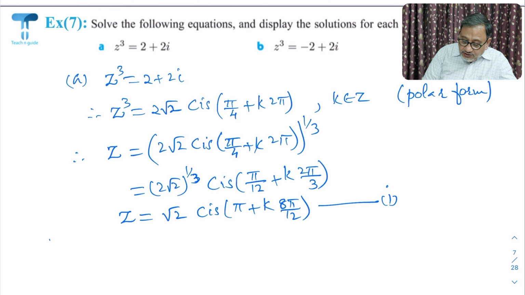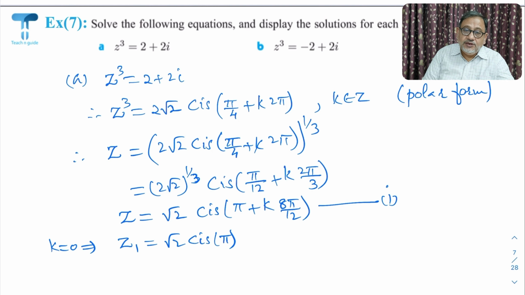Now for k is equal to 0, I will get the first root z1, root 2 cis pi only, and cis pi is minus 1, you already know about it. So it will be minus root 2, right? Okay, so this is the first root.